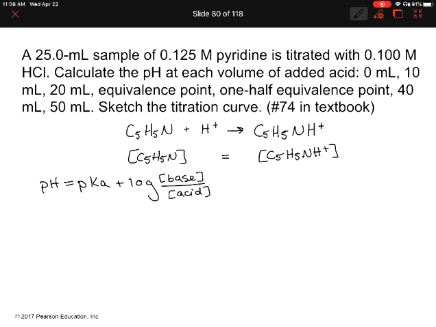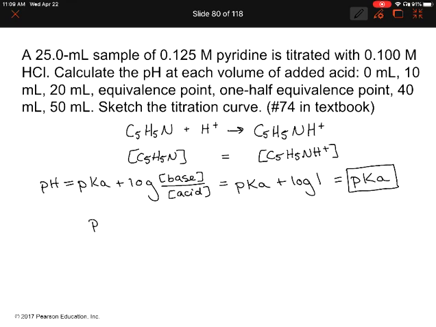the concentration of the base and the acid are equal, so the ratio just becomes 1. And the log of 1 is 0, so we end up with the pKa. So the pH at the half equivalence point is equal to the pKa.